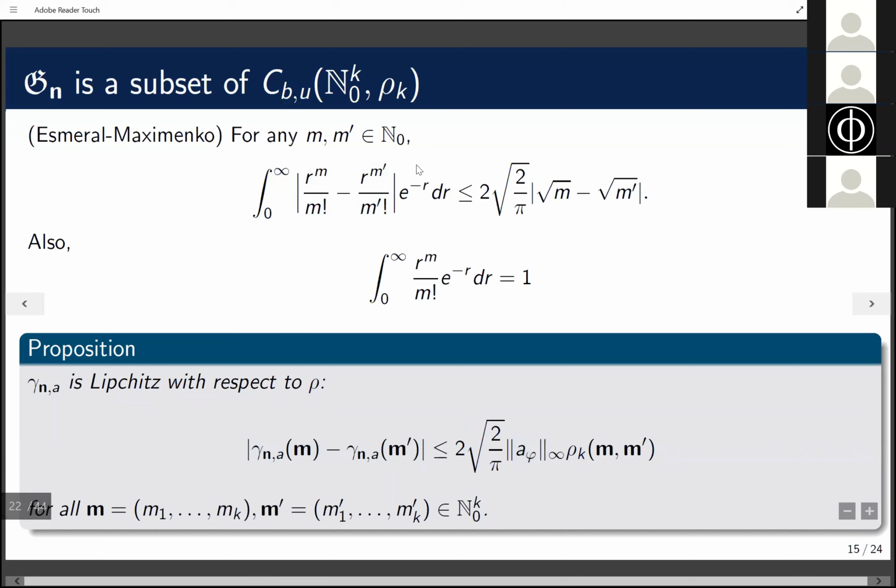But instead of the one-dimensional case, we will have k-tuples here, so they're going to be products of things like this. We can do our usual trick of subtracting a term and adding a term, and then applying the triangle inequality, and using this inequality and this fact, we get this constant times the metric. So this proves that the set of eigenvalue functions is a subset of CBU(N_0^k, rho_k).